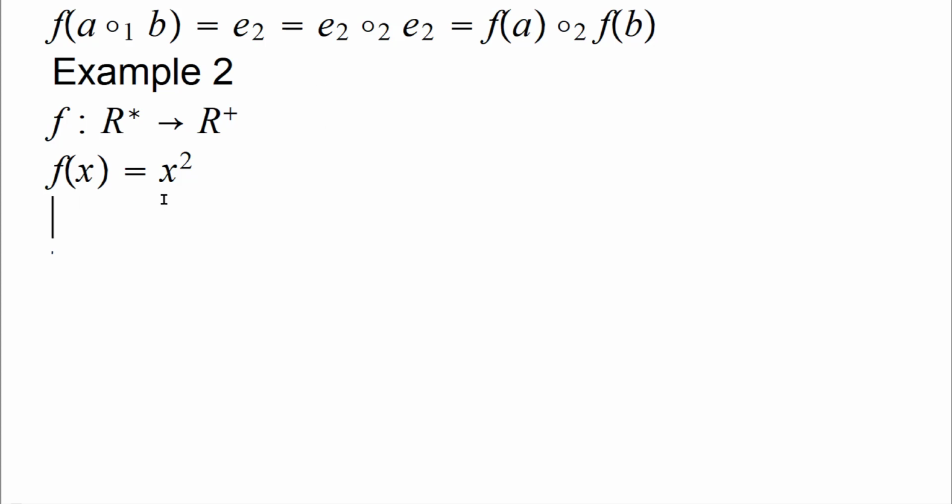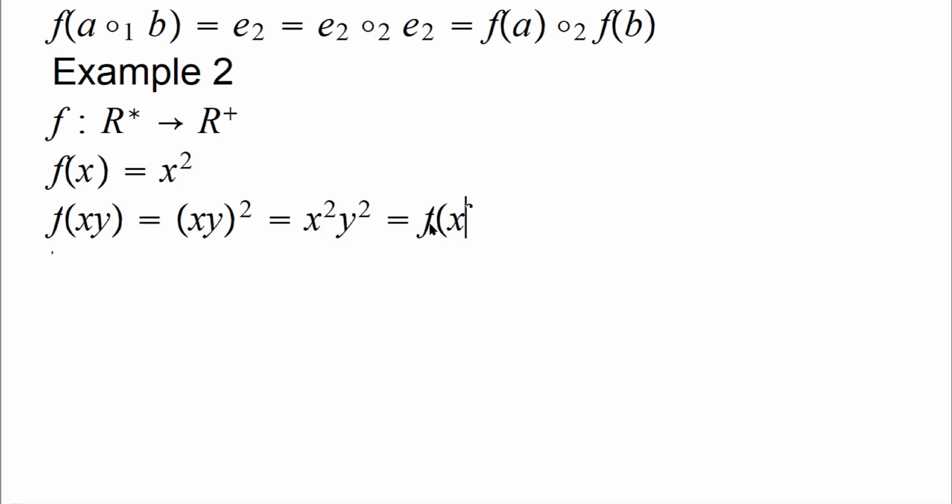If I define the map by x going to x squared, then for any two real numbers xy goes to the square of xy, and the power of a product is the product of the powers. So we get f of x times f of y, and the homomorphism condition is satisfied.